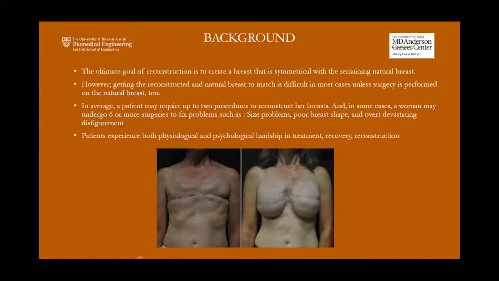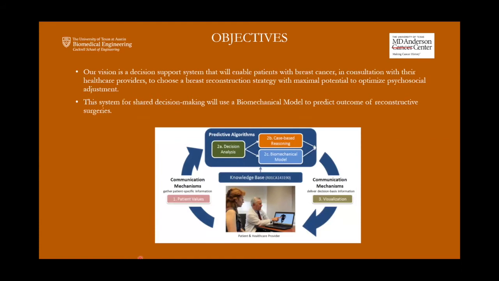throughout her treatment. So our overarching goal is a decision support system that helps patients choose, in consultation with their surgeons, a breast reconstruction surgery that best fits their needs and expectations. At the core of this decision support system is a biomechanical model that can simulate the outcome of reconstructive surgeries.